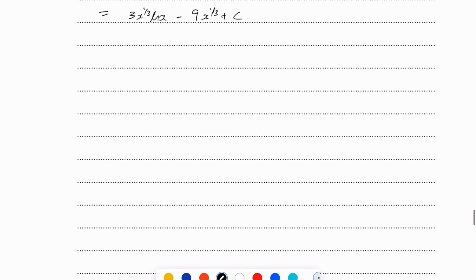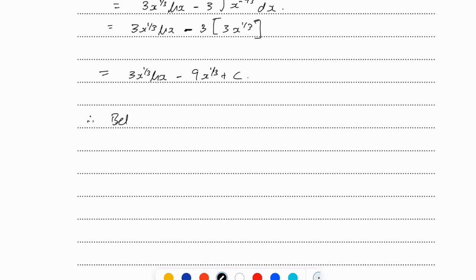So therefore, for our bounds here, between 1 and 8 of x to the minus 2 over 3 ln x dx, we integrate 3x to a third ln x minus 9x to a third between 8 and 1.